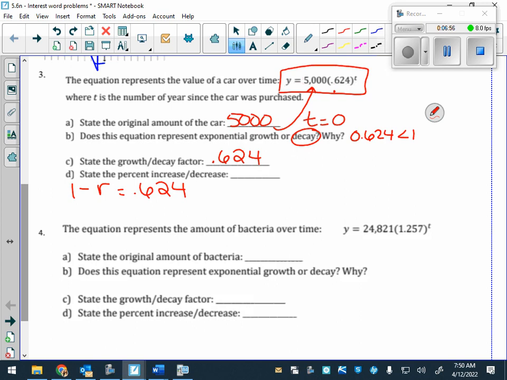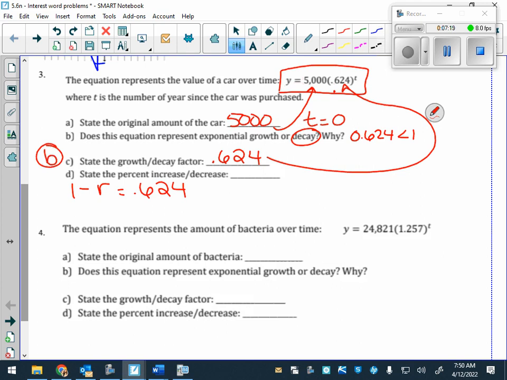We have to work backwards to find the rate. The decay factor is what is attached to your exponent, also known as your b value. 1 minus r equals 0.624.